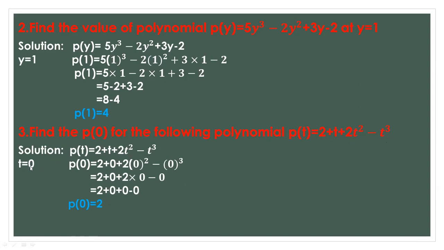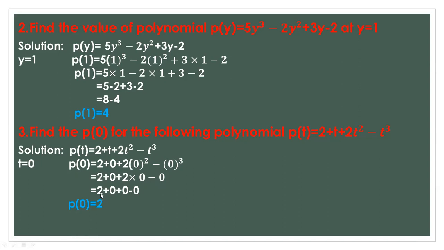Replace t by 0. Okay, p of 0 is equal to 2 plus 0 plus 2 into 0 whole square minus 0 whole cube. We are just replacing t by 0. Now in the next step, 2 plus 0 plus 2 into 0 square means 0, minus 0 whole cube is 0.